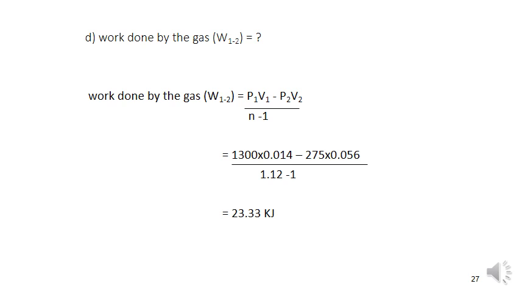Here it is an expansion they gave, so that's why we write P1 V1 minus P2 V2 divided by n minus 1. If in the problem it is given as compression, we can write it as P2 V2 minus P1 V1 divided by n minus 1. But here clearly, it is P1 V1 minus P2 V2 divided by n minus 1, because it is an expansion process.